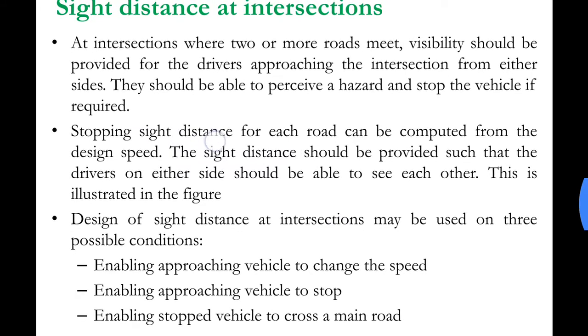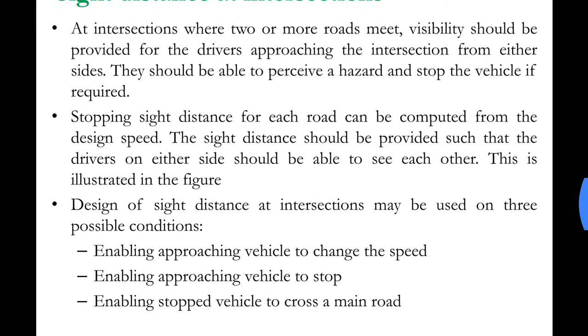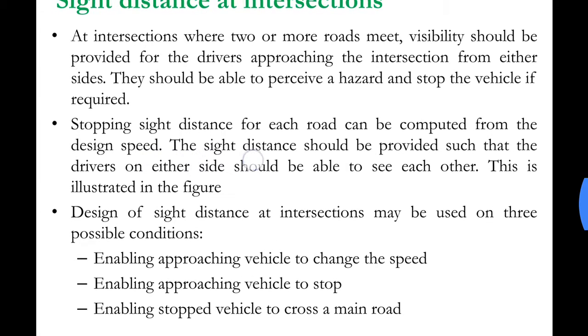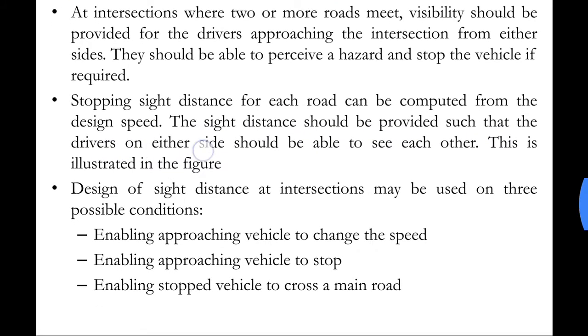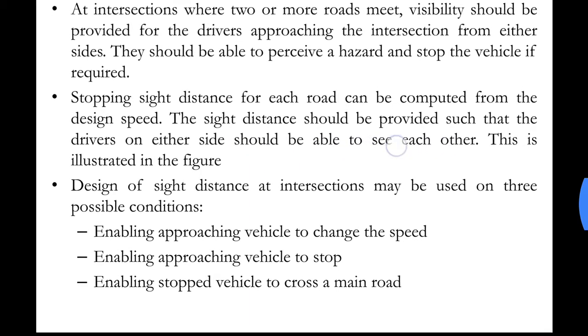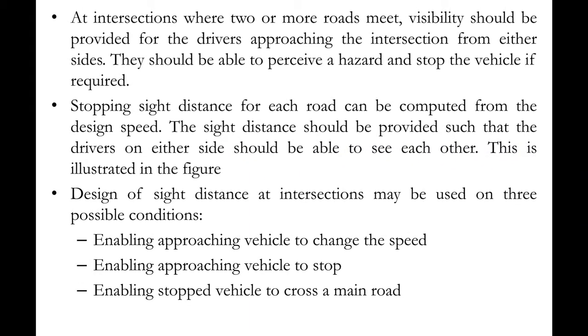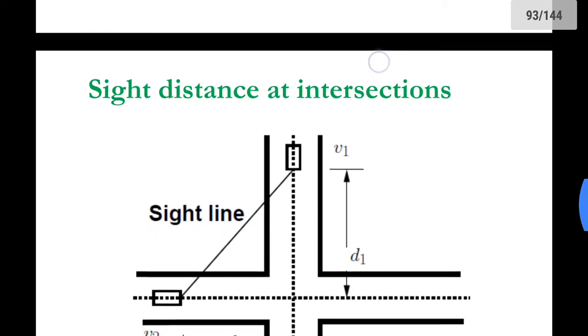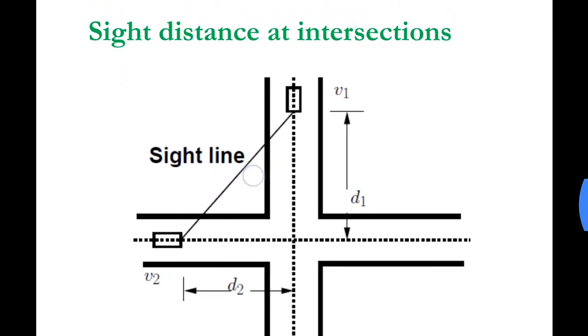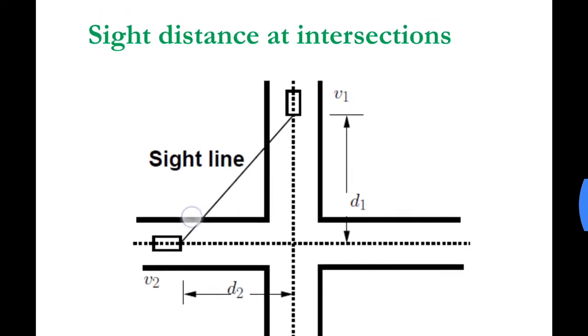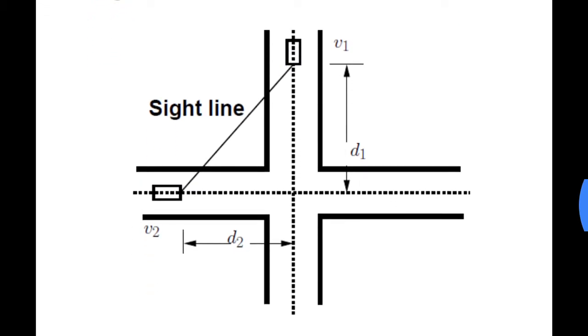Stopping sight distance for each road can be computed from the design speed. The sight distance should be provided such that the drivers on either side should be able to see each other. This is illustrated in the figure. This is the line of sight between the two vehicles, vehicle 1 and vehicle 2.